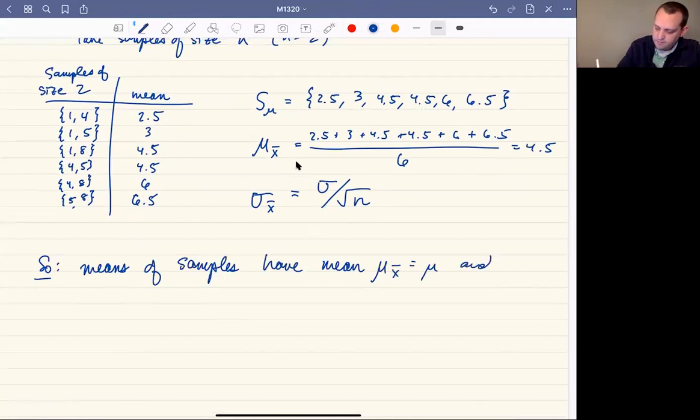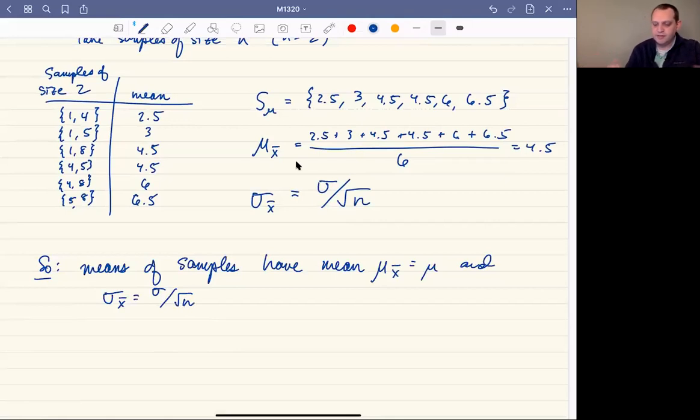The standard deviation of the samples is approximately equal to the standard deviation of the original set divided by the square root of n. The first one is always an equality, the second one is approximately equal. I'm going to write them both as equals.